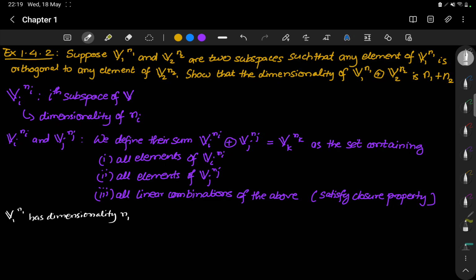So if it has dimensionality N1, then that means it will have N1 mutually orthogonal vectors as the basis vectors. This is by the definition of dimensionality.